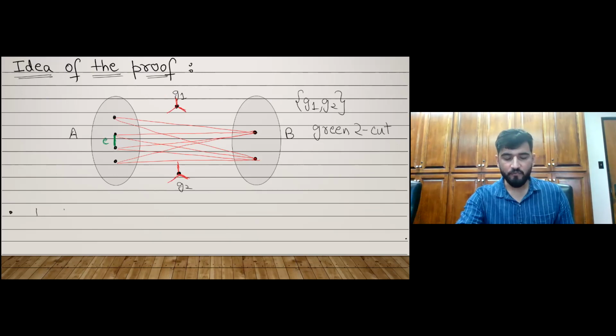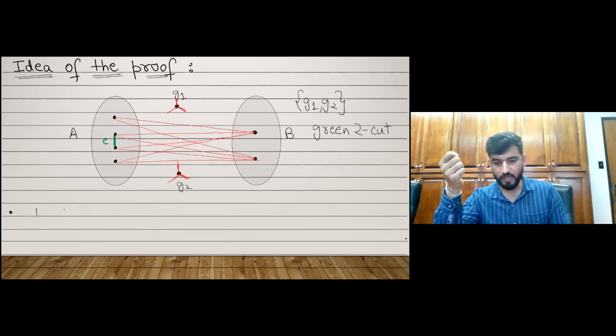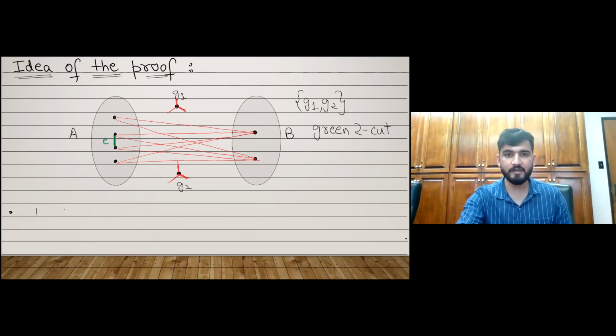Okay, the connectivity of the green graph and the red graph is two. So there is a two-cut. Let G1, G2 be such a two-cut. And you combine the components into A and B such that the smallest component has at least two vertices. That's a condition I'm imposing.